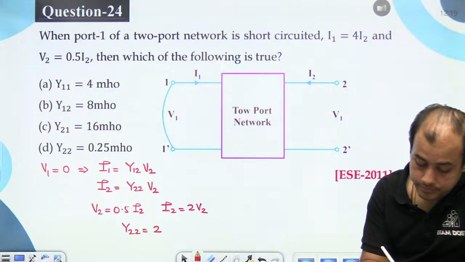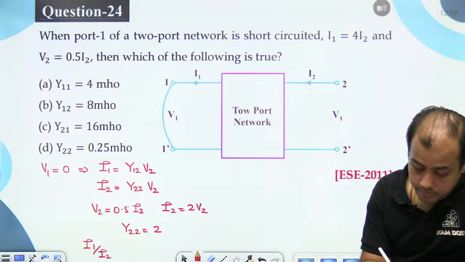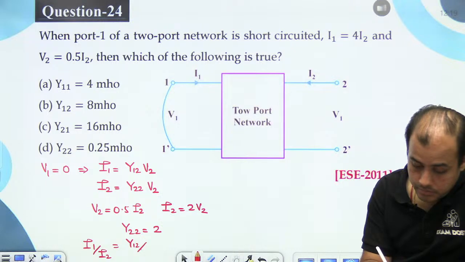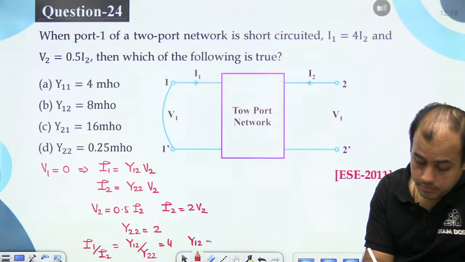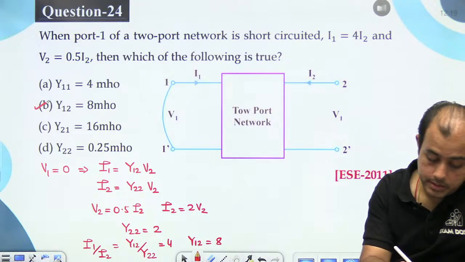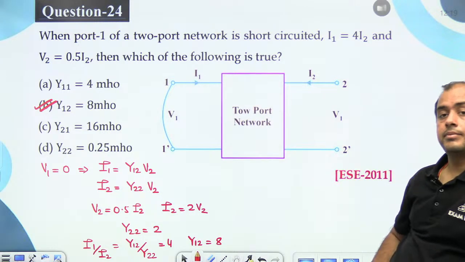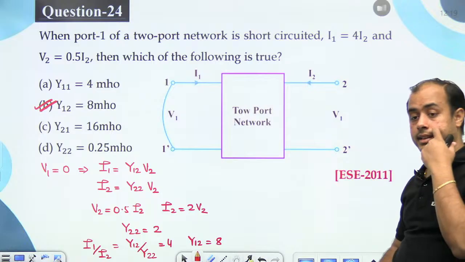Y22 is 2. I1 is 4 I2. So answer is B. Y12 is 8. Y12 8 आ जाएगा.